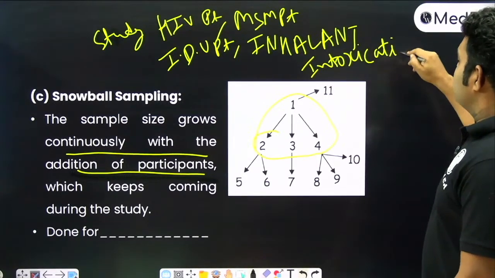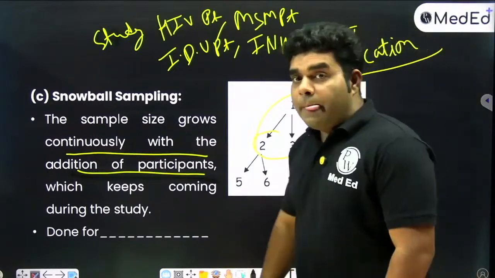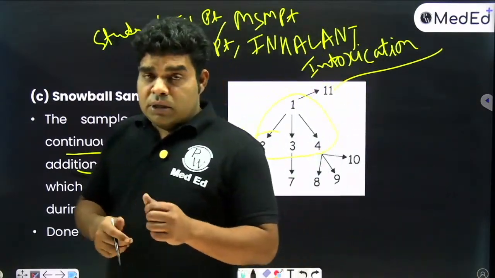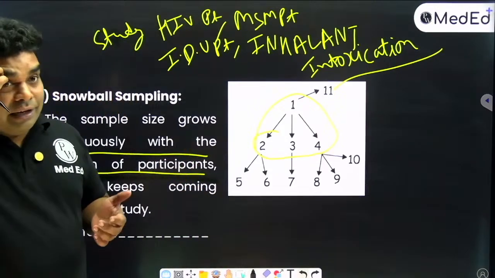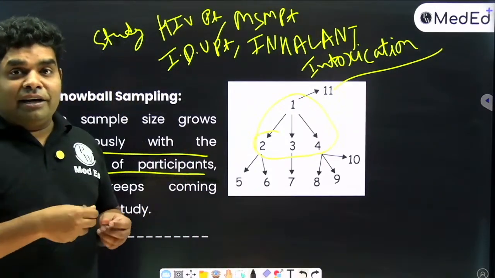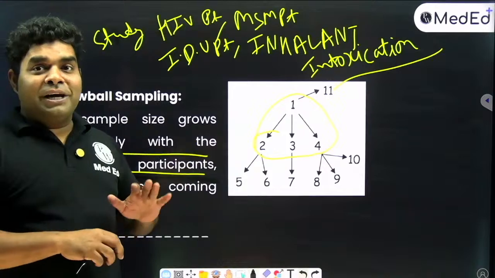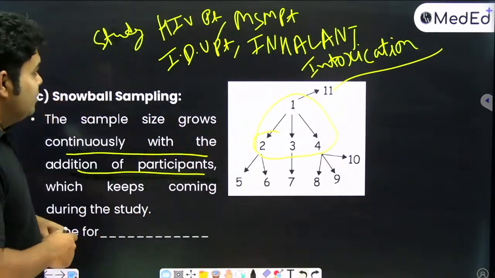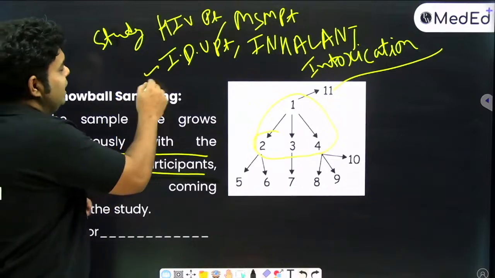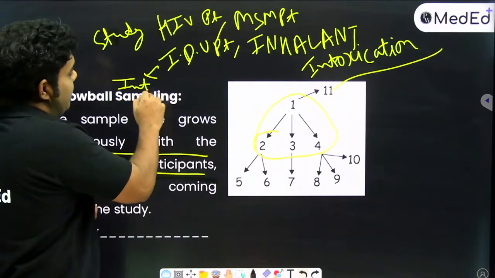Previously, they used to sniff the thinner of the whitener of which we use now, but now whitener is very costly, and shopkeeper who are selling copies and book, they used to say no to them. So then they moved to easier option, sulochan, the glue. That is inhalant. What is IDU? Intravenous drug use. Okay.